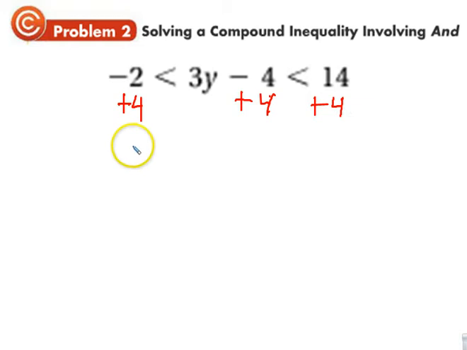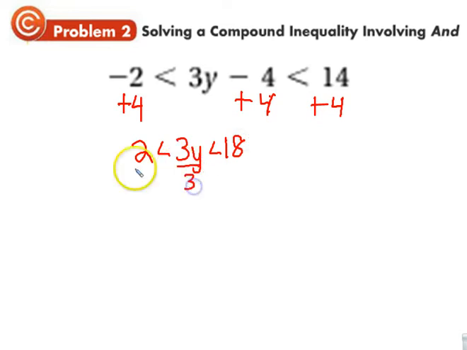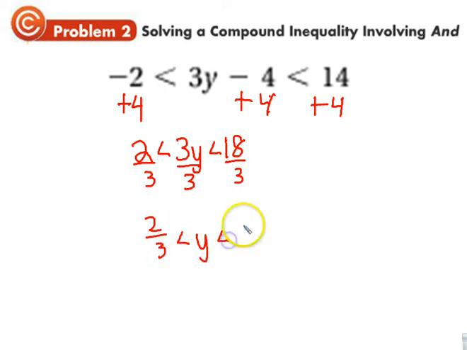So what I get is 2 is less than 3y is less than 18. And then I divide everything by 3. So I get 2/3 is less than y is less than 6. Okay. So that becomes my answer.